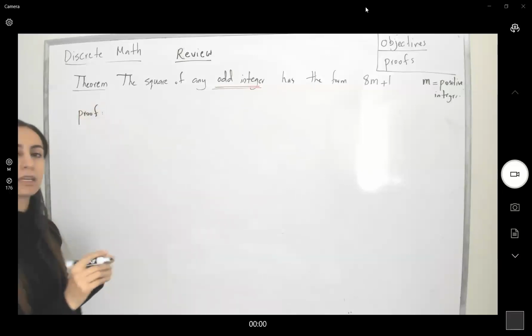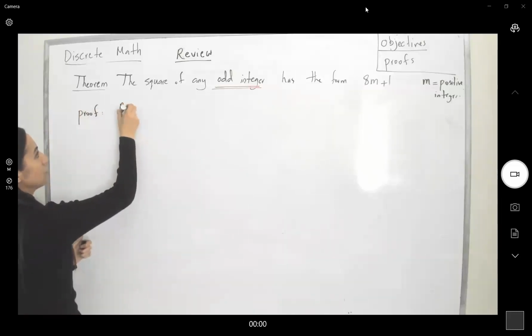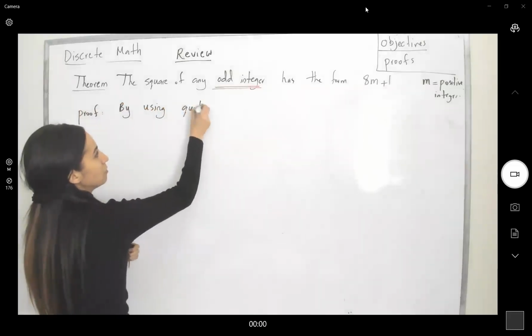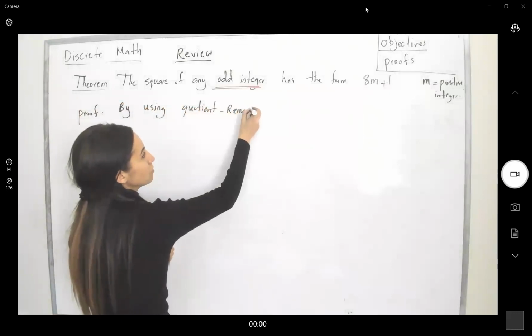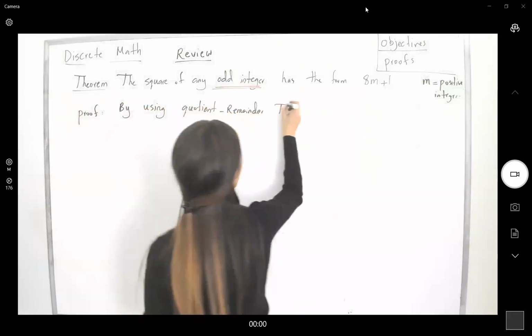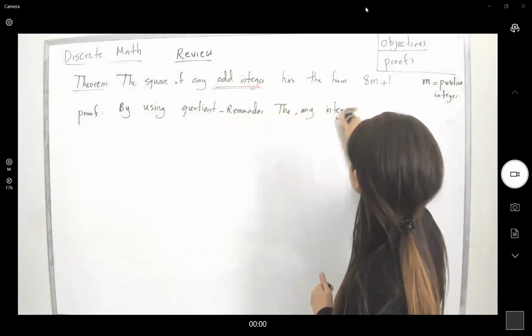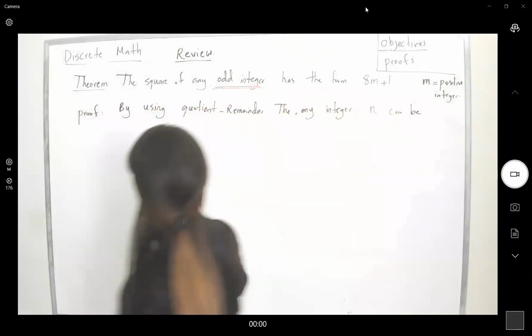First of all, note that by using the quotient remainder theorem, any integer like n can be written as follows.